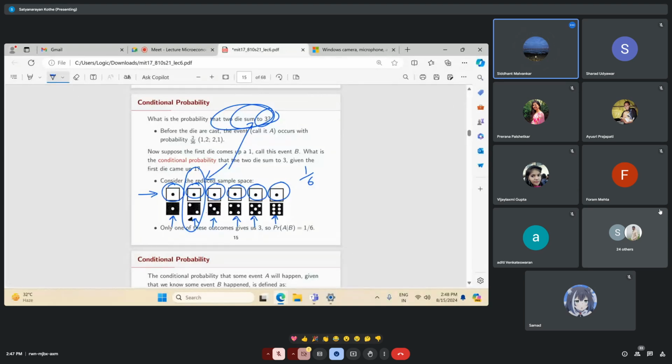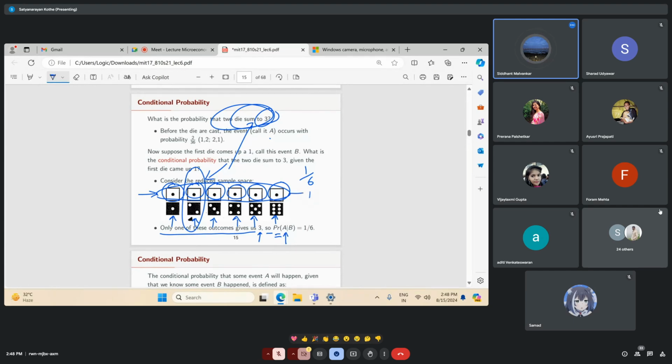Now what does it reveal is that only one of these outcomes gives 3, so the probability of A, the event which we call before the die are cast, occurs with probability 2 by 36, (1, 2), (2, 1). Now the probability of A, given the condition that B is there. So B is this one.